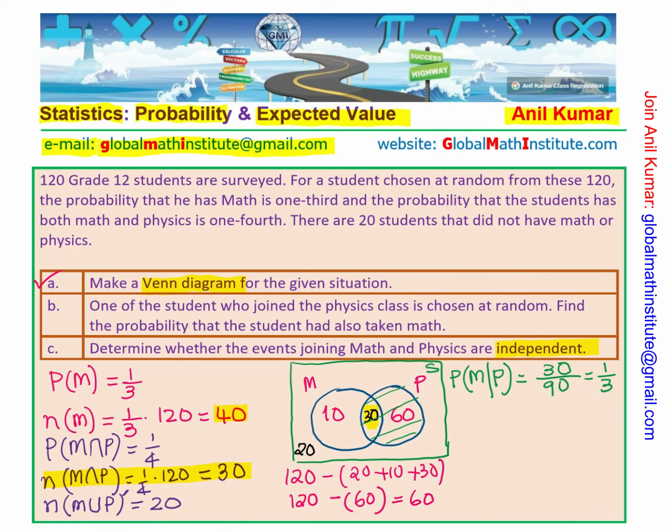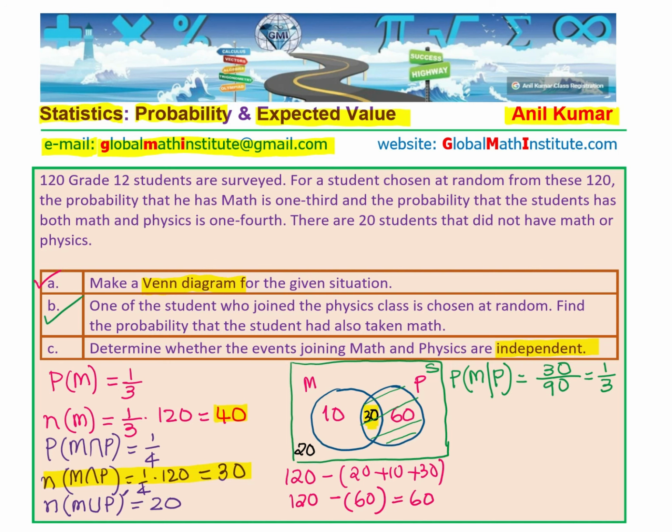So 1 over 3 is the probability of selecting a student of math if we take it out from the physics group, right? So at least physics has been taken. So it is one third. So that is how we'll find the solution for part B. Is that part clear to you? You could also use the formula, right?